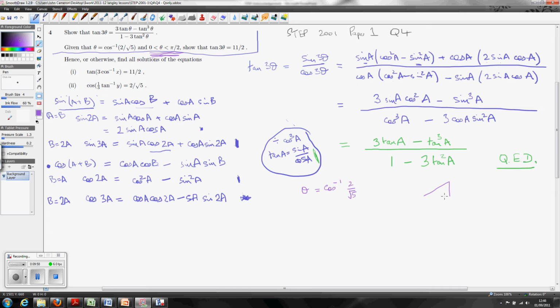So I can draw a little triangle. We know it's just an ordinary angle less than 90 degrees. So if that was theta, its cosine, theta is the angle whose cosine is 2 adjacent over root 5. And so it looks like that, and by Pythagoras we can work out the length of the other side is 1, because 1 squared plus 2 squared is equal to 5, root 5 squared.